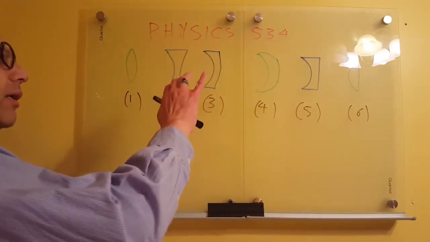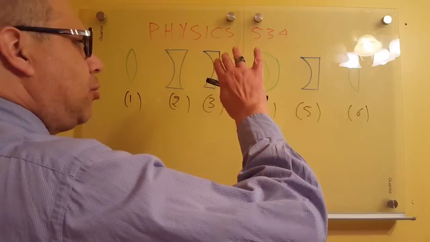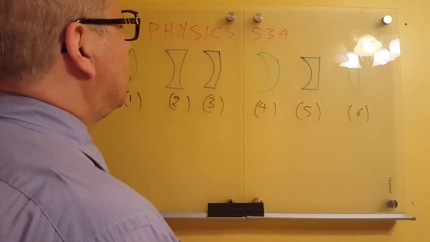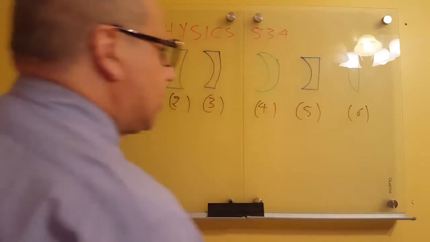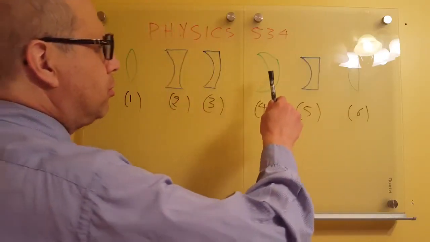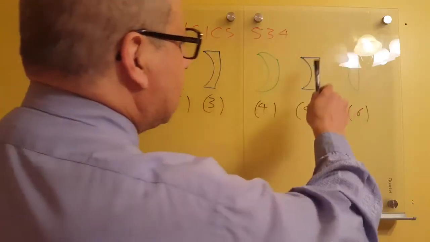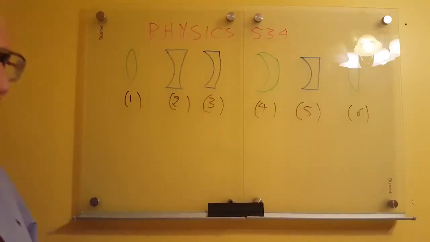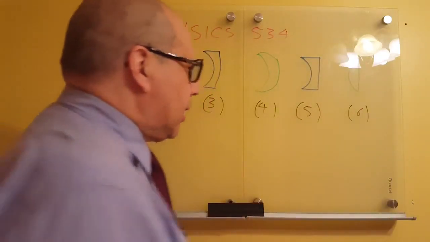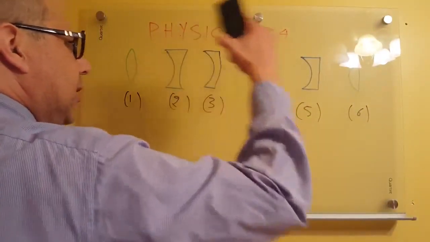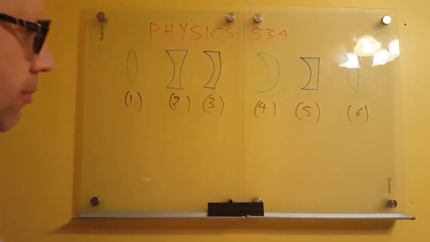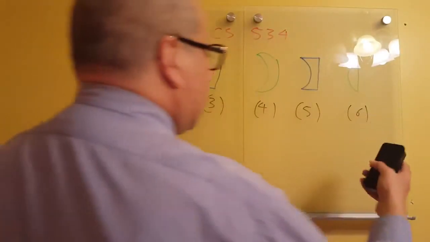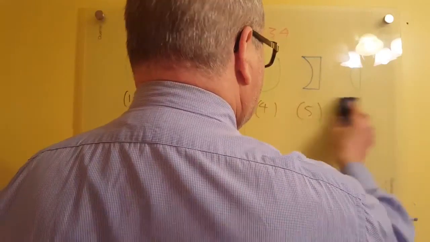And I will only do, because as I said, this and this you can find in any book, this here and this here, because they are, let's say, the most challenging. This is almost like this, and this is almost like this. So I will do one of each, and let's do it.